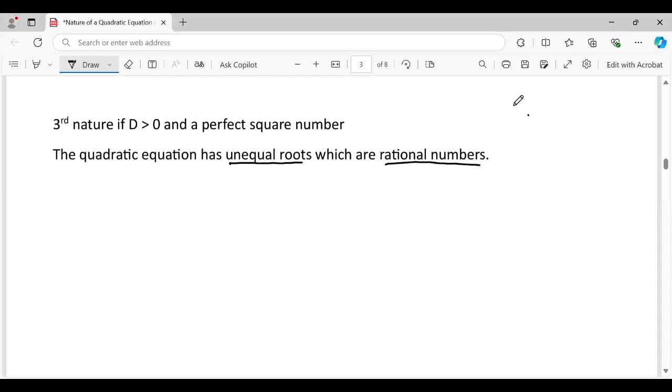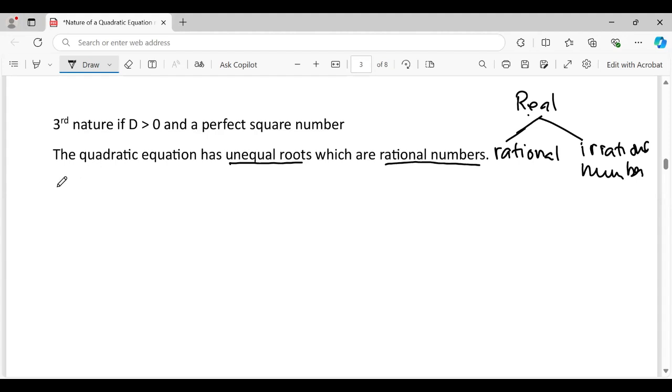Rational numbers are a part of real numbers, as you know that real numbers consist of rational numbers and irrational numbers.